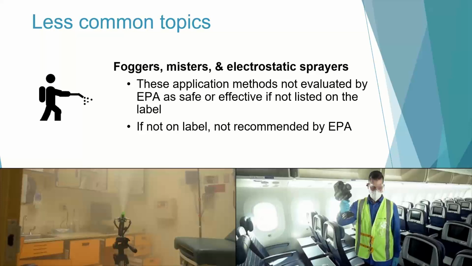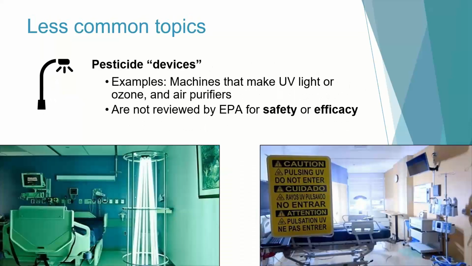As you can see, like a fogger just shooting out mist into the air. However, these methods, unless the label says it specifically, haven't been evaluated for safety or effectiveness by the EPA. Therefore, they might not be the best course of action. We don't know how they're going to work if it's not listed on the label. Next slide.